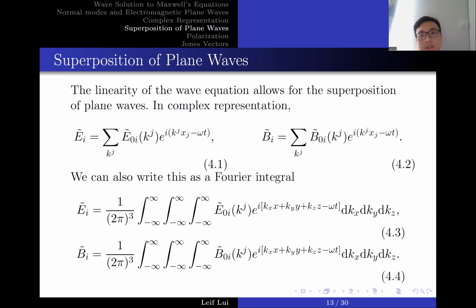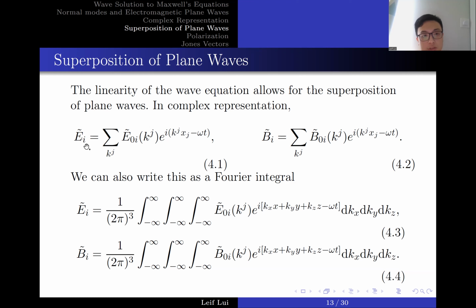Now that we have discussed why the oscillation of the waves must be orthogonal to the propagation direction, and why the electric and magnetic fields must be orthogonal to each other, let us talk about the superposition of plane waves. The linearity of the wave equation allows for the superposition of plane waves. In complex representation, it can be written as follows.